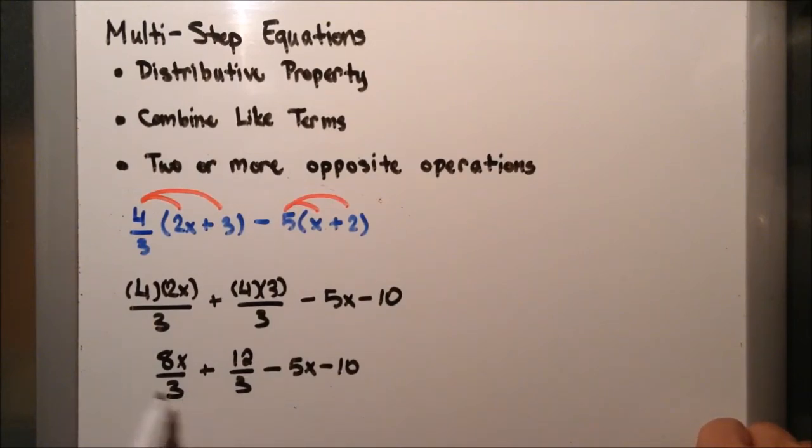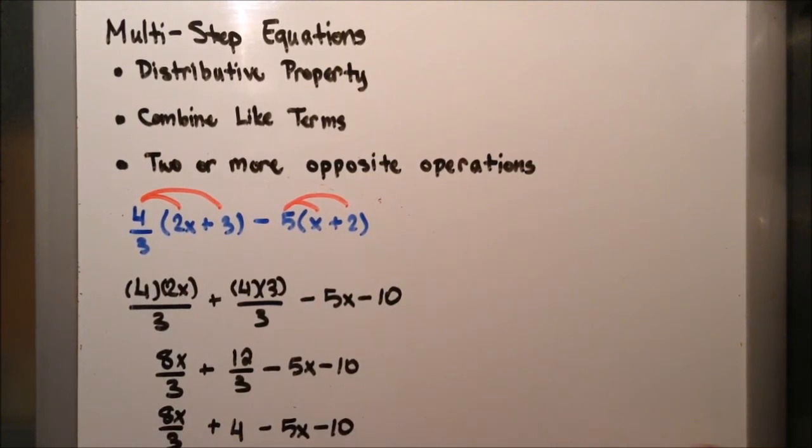Now I check, can I simplify the fraction? The only one I can simplify is 12 over 3, because 3 can go into 12. So, again, the only one I'm simplifying is 12 over 3, which is 4. 12 divided by 3 is 4. I bring down minus 5x, bring down minus 10, put the plus in front of 4, and then I bring down the fraction, 8x over 3.